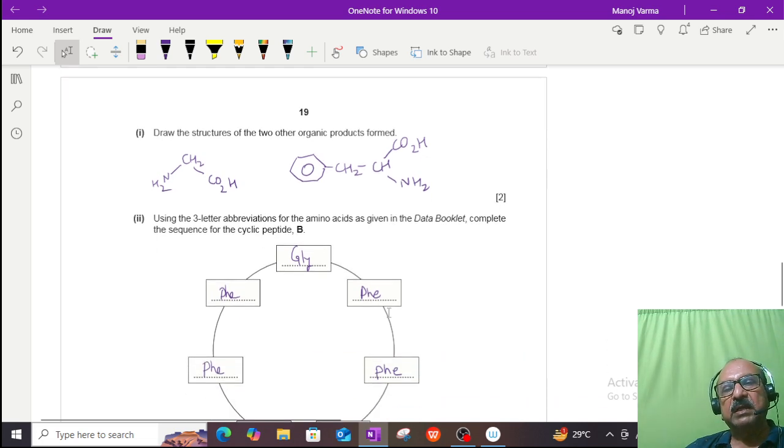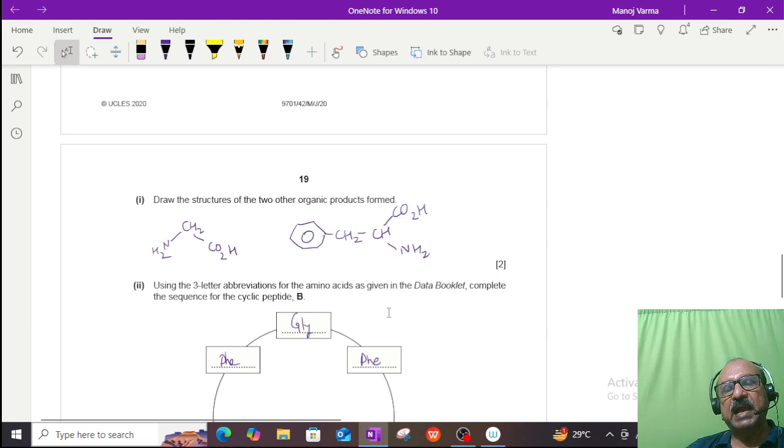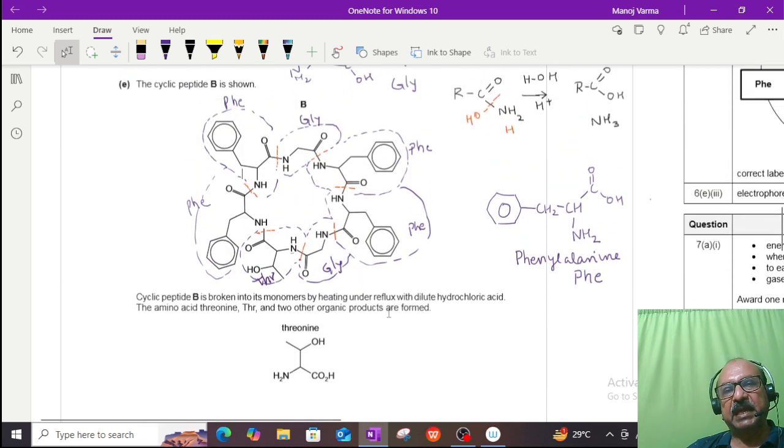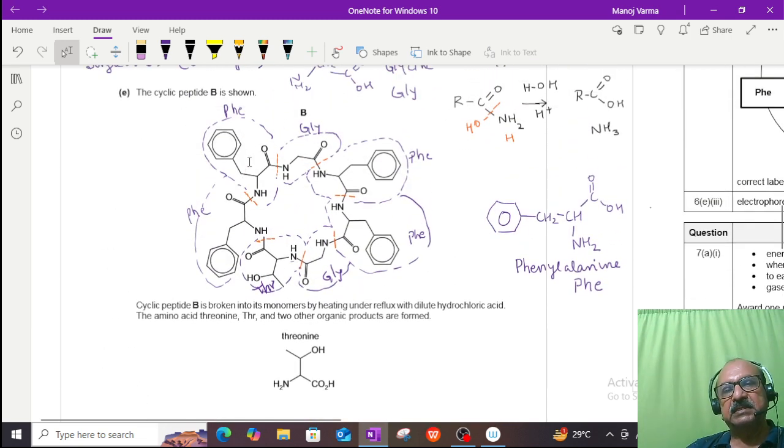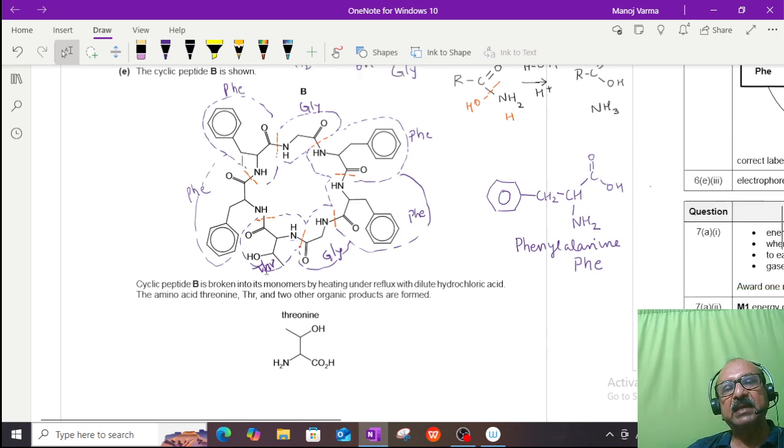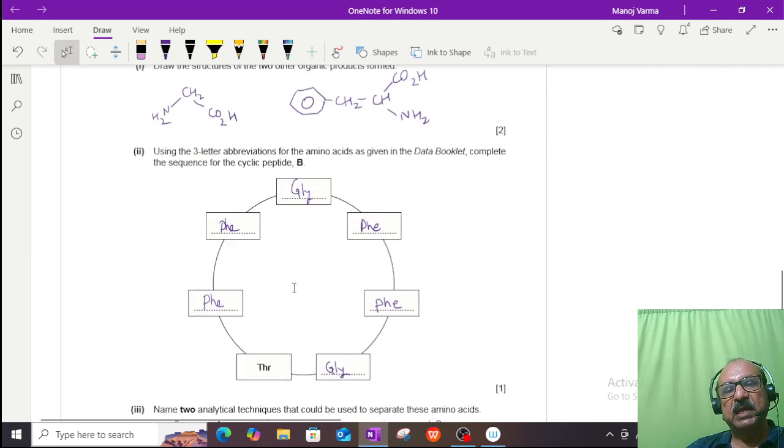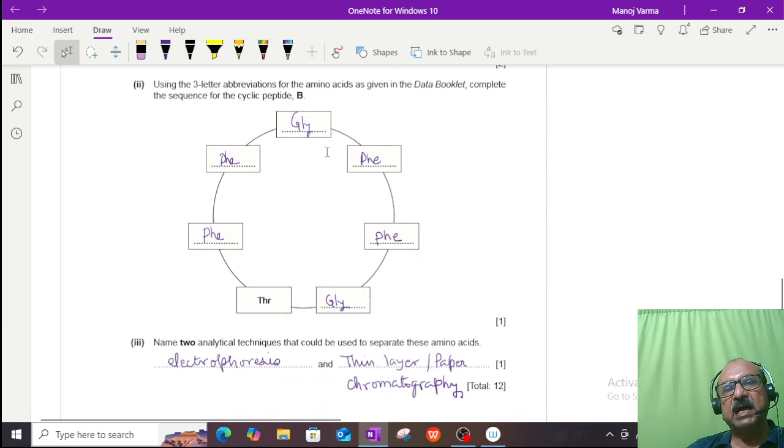Now if you look at the cyclic peptide once again, you can easily see that there is a phenylalanine, glycine, phenylalanine, phenylalanine, glycine, threonine, and phenylalanine. So this is how it looks now. These are the different fragments formed on the hydrolysis of the cyclic peptide.